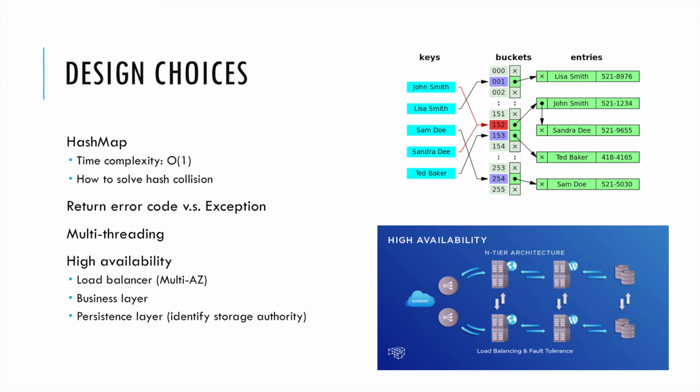For such a service, we need one subsystem to be the persistence layer, which we also call the storage authority. For example, we may use MySQL as the storage, and run MySQL in master-slave mode to make sure it has high availability.